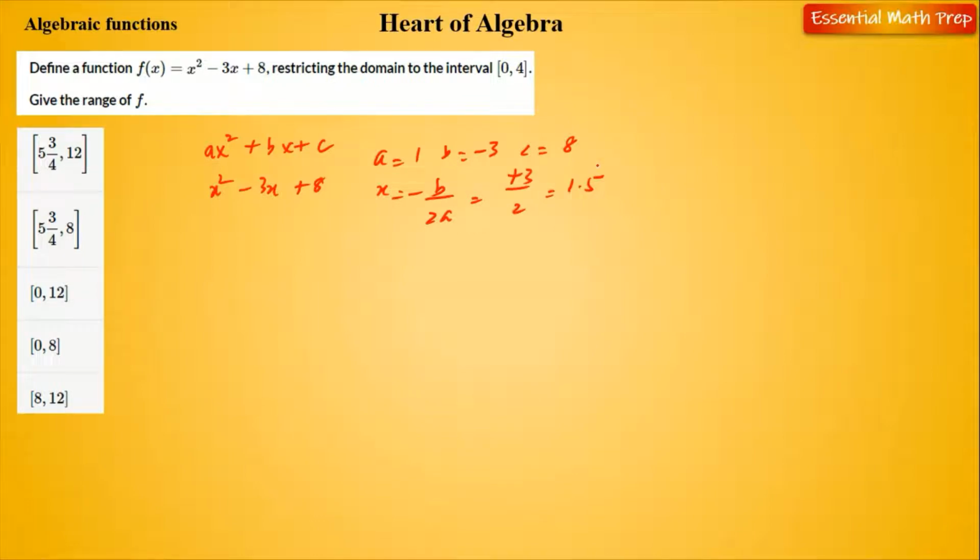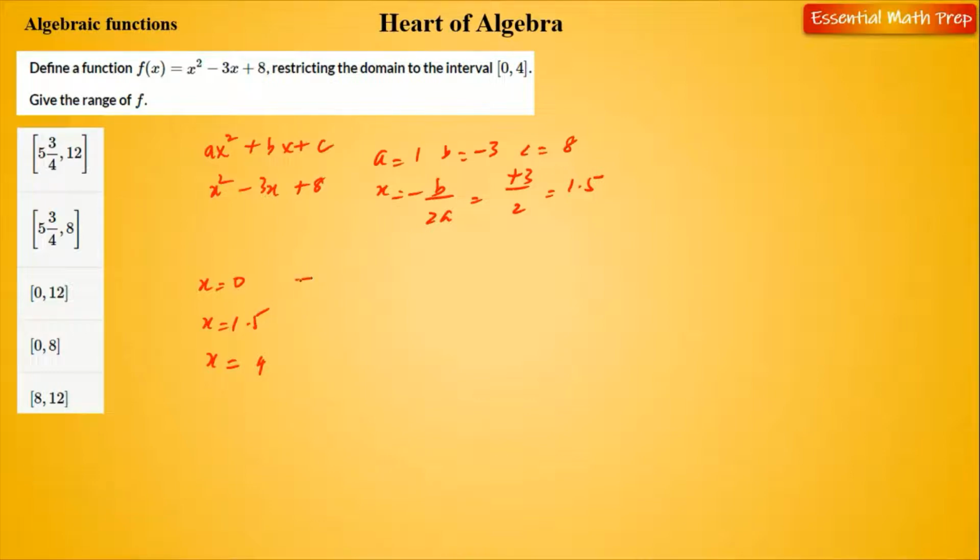Okay. Now you substitute these values into the expression for x equals 0, x equals 1.5, and x equals 4, and see where you get the minimum and the maximum value. Whichever one produces the minimum is going to tell you where the range is starting and where it's ending.